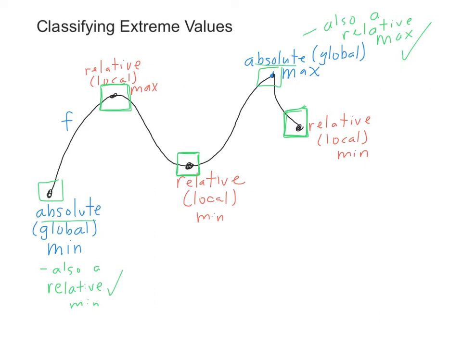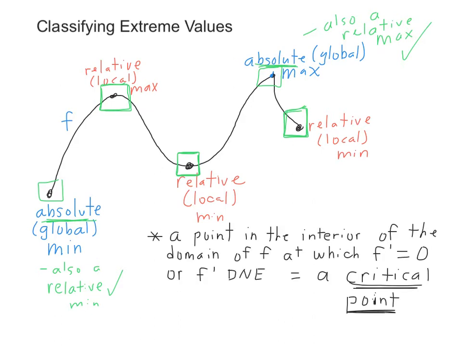All right. So we technically have all of these points represented as relative or local min and max values. But again, the fact that these are absolute min and max values, that kind of trumps it as we classify them.